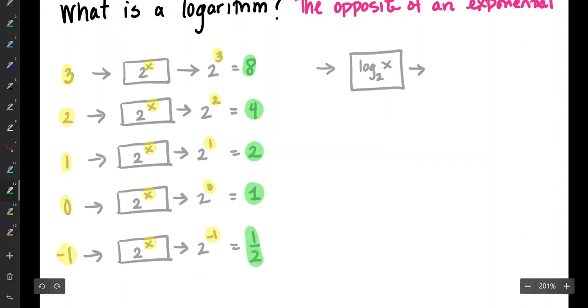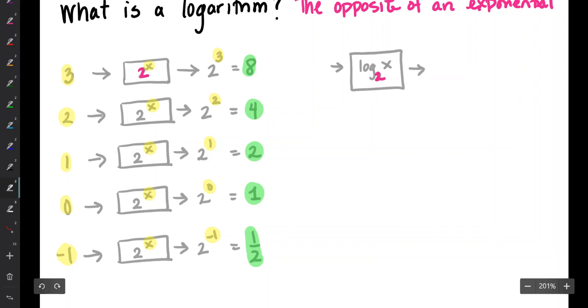All right? So the opposite of y is equal to 2 to the x is y is equal to log base 2 of x. All right? And the base of my exponent and the base of my log are the same. So what does log base 2 do?